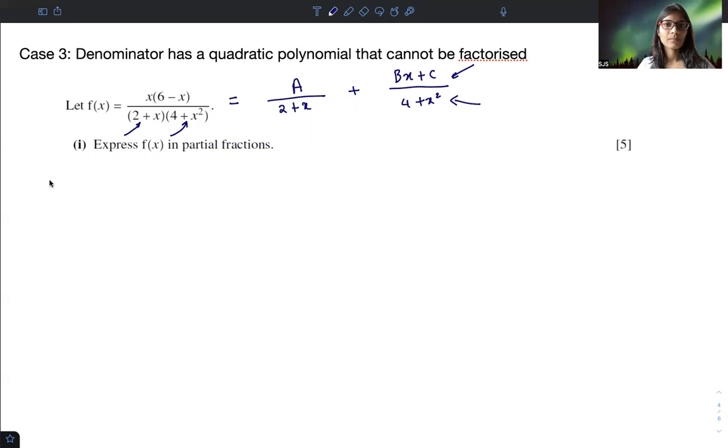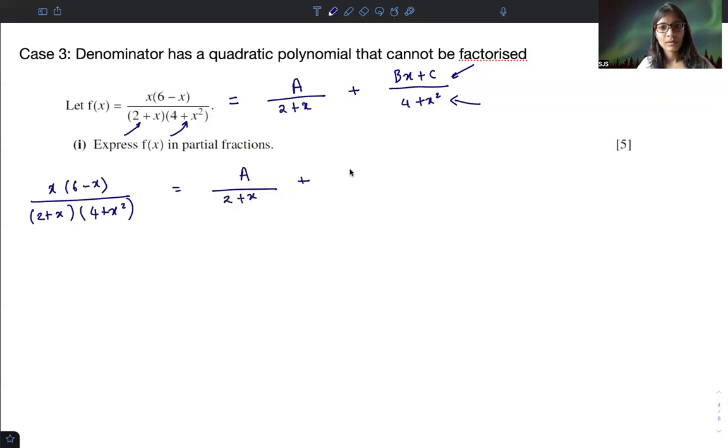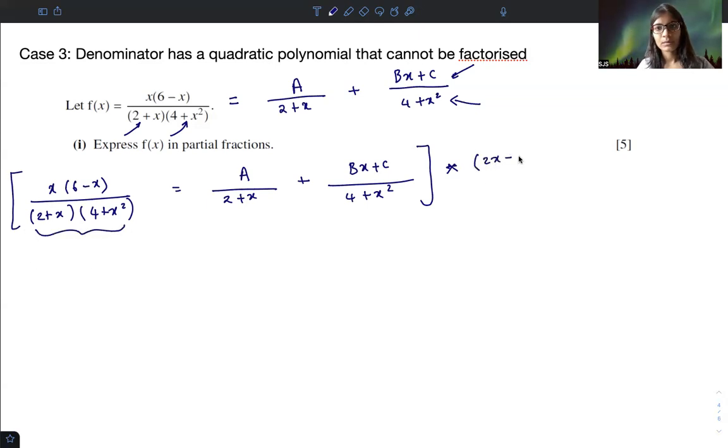So we have x multiplied with 6 minus x over 2 plus x and 4 plus x squared is equal to a over 2 plus x plus bx plus c over 4 plus x squared, and multiply both sides of this with this whole denominator 2 plus x and 4 plus x squared.